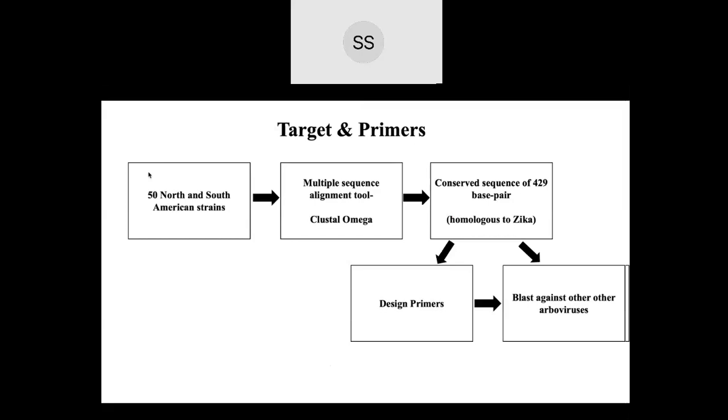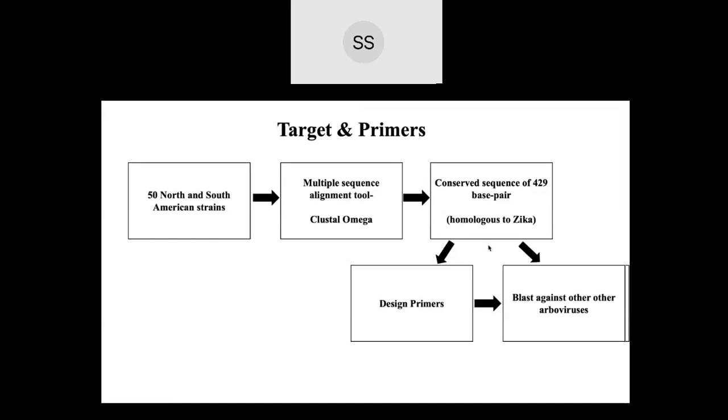Once the alignment was done, multiple conserved sites were manually checked, and after all those sites, I picked out a conserved sequence which was 429 base pairs long. This conserved sequence was further blasted in NCBI to make sure that it is homologous to Zika and very different from the other arboviruses and other diseases.